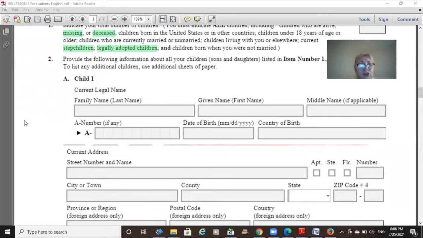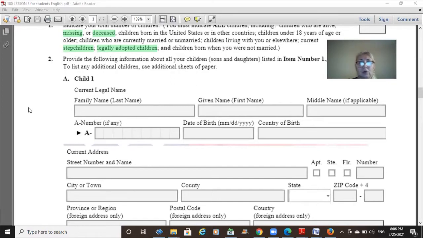Next one. If these children are in the United States and they are not citizens of the United States, you will need to provide their green card number. You do not need to memorize it, but the officer may ask you, is your child a U.S. citizen? Or is your child a lawful permanent resident?